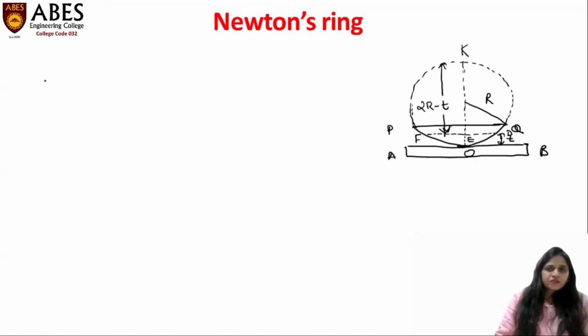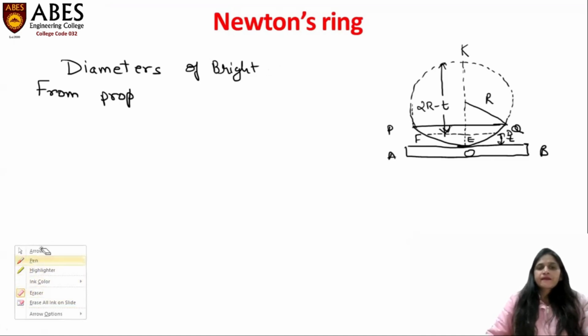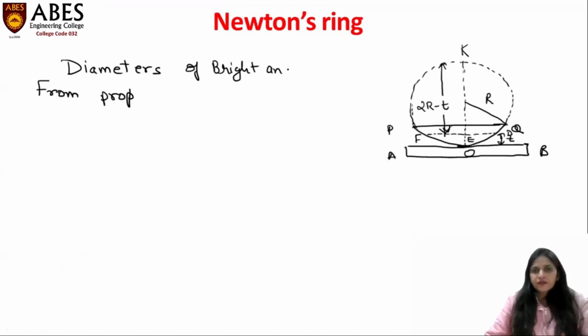So from property of circle, let us first write down the diameters of bright and dark rings.